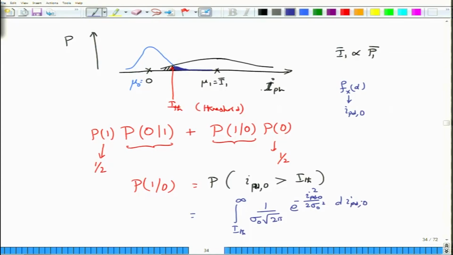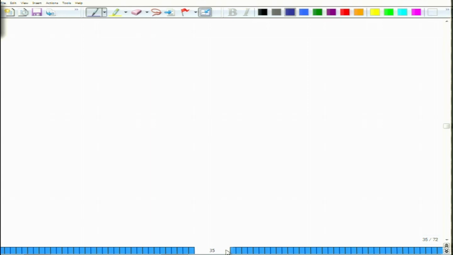So this is the expression that you need to evaluate, and you can actually evaluate this expression and show that this will be equal to Q of I threshold divided by sigma 0. Okay. What is this Q function? The Q function is a commonly used function, and it is actually the integration of the Gaussian variable.